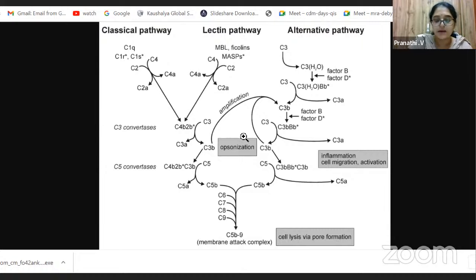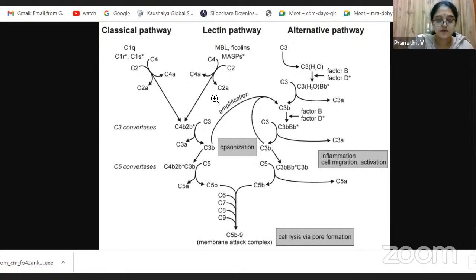Once MBL binds to the surface of the pathogen, then MBL associated serine proteases, that is MASP1 and MASP2, bind to the MBL.